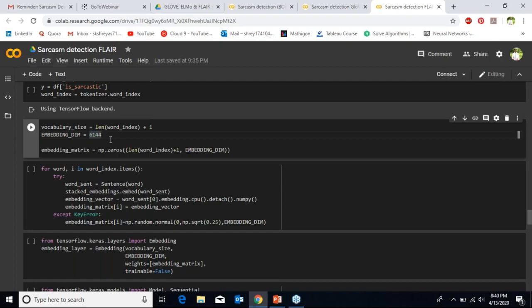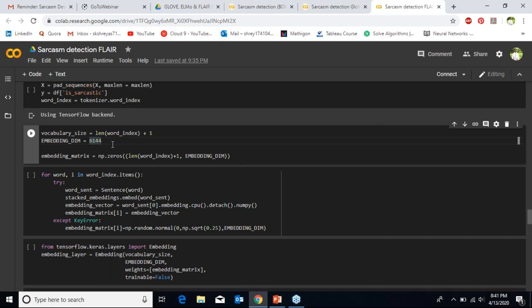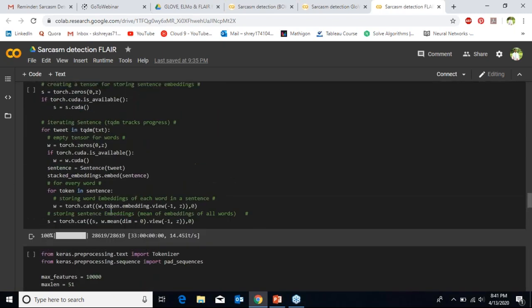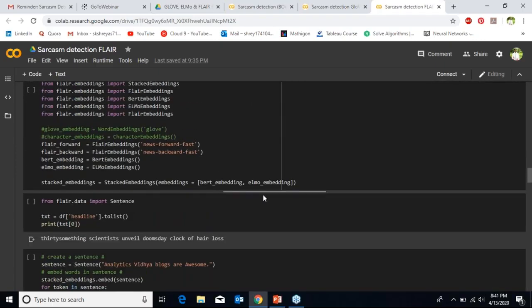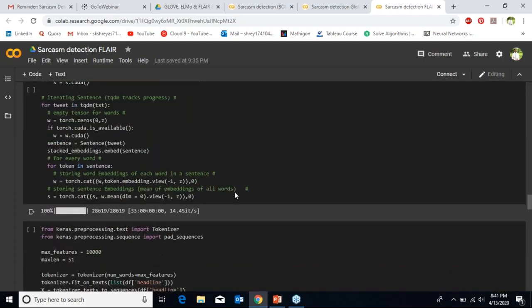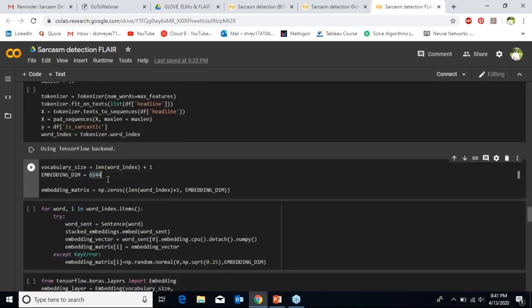In the GloVe word embeddings, the dimension I used was 200, but the stacked embeddings dimension is 6144. This will vary with respect to the kind of embeddings that we consider, because in the stacked embeddings I have considered BERT as well as ELMo. Together, BERT and ELMo embeddings give an embedding dimension of 6144.